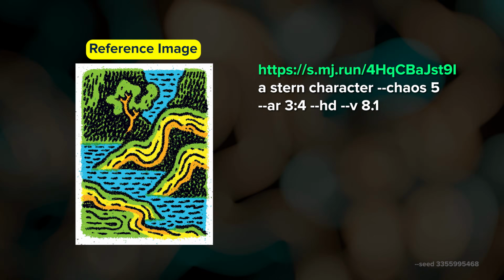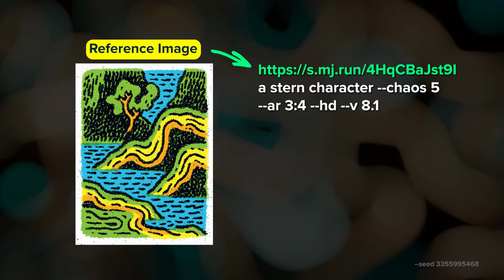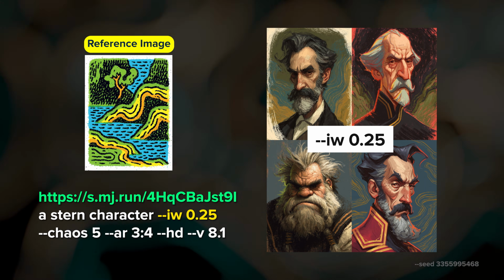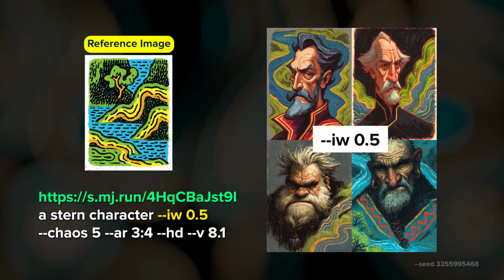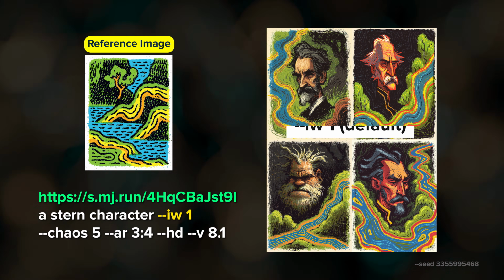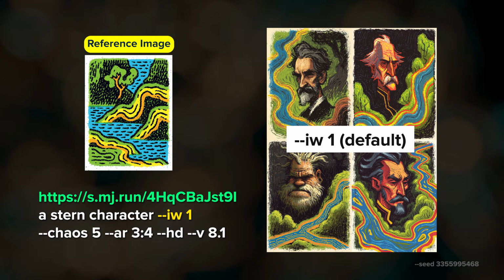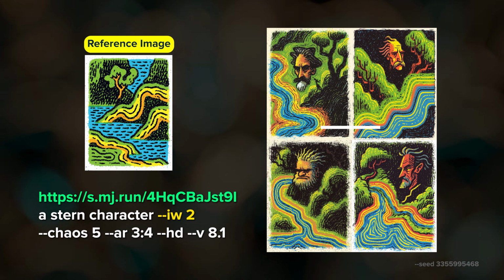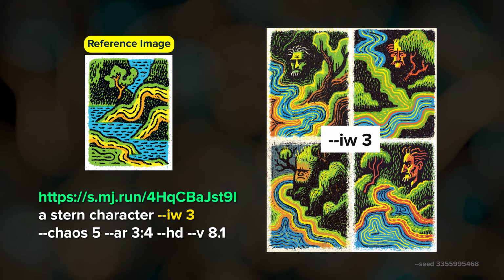In this prompt, I used one image as the reference and a stern character as the prompt text. With lower image weights, my results are mostly driven by the prompt text. At an image weight of 1, you can start to see more influence from the reference image. As the weight increases to 3, the reference image has almost completely taken over.